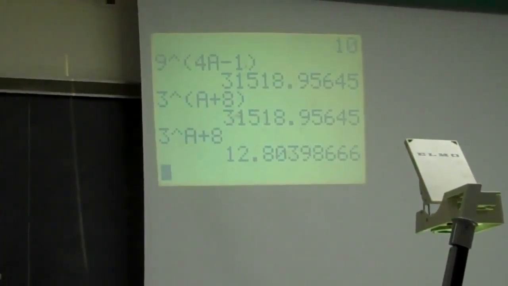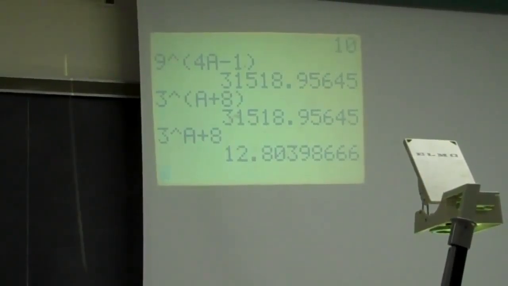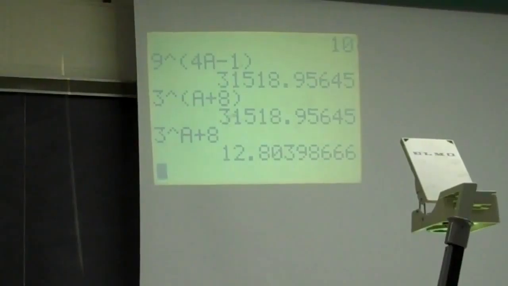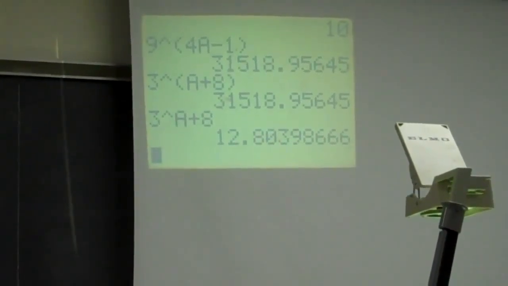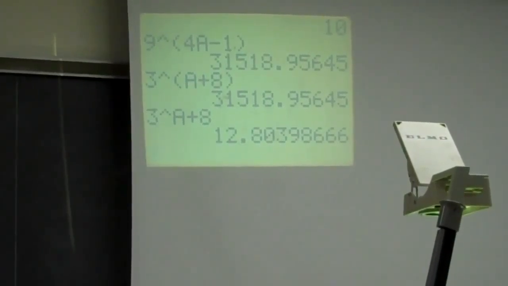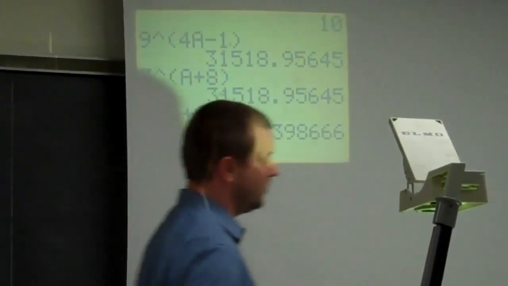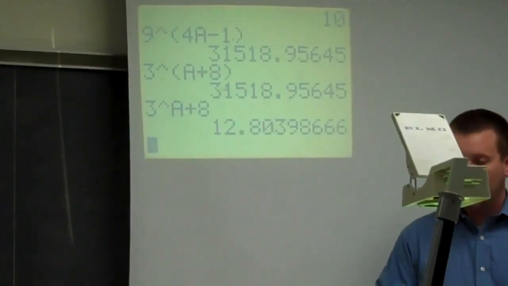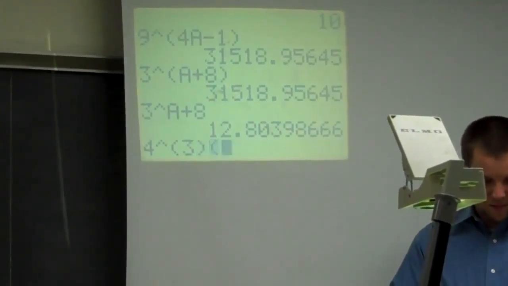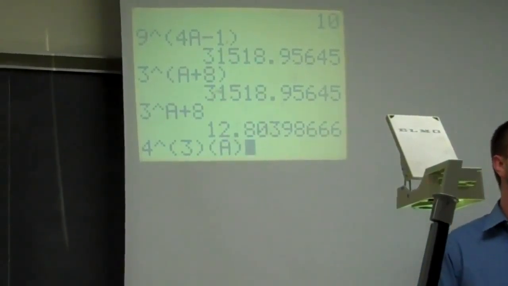Here's what some students do. Let's suppose I wanted to take this A, and I wanted to do 4 to the 3A power. If I try doing that, is that going to work?